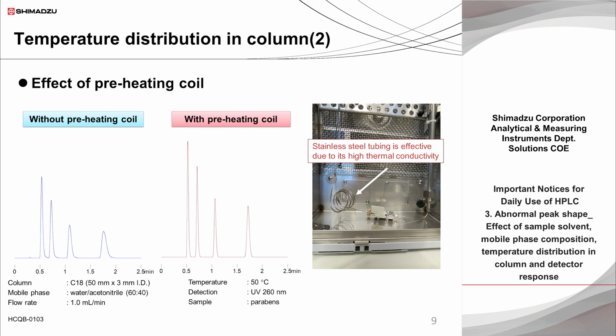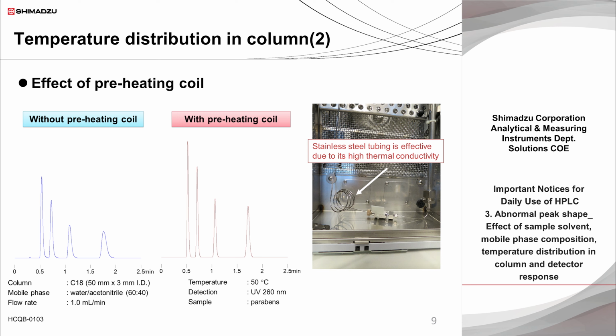The mobile phase passes through the column before the temperature distribution in the axial direction of the column reaches equilibrium, resulting in peak broadening, while the peak shape is clearly improved in the right chromatogram with a preheating coil in place. In addition, considering heat conductivity, a preheater made of stainless steel, not PEEK, is considered more effective.